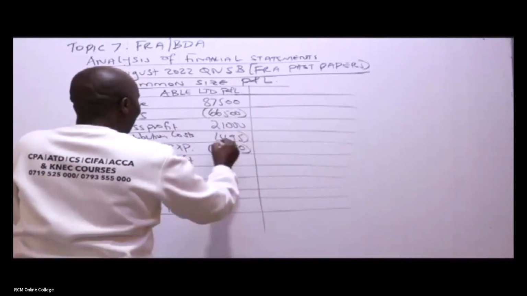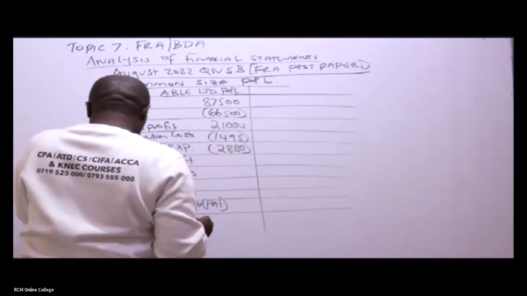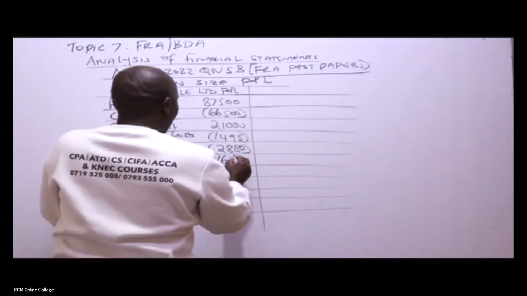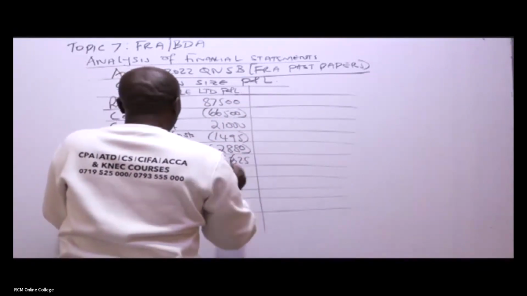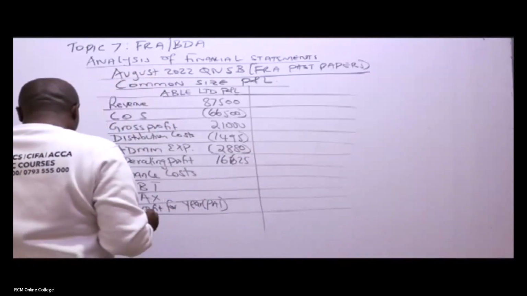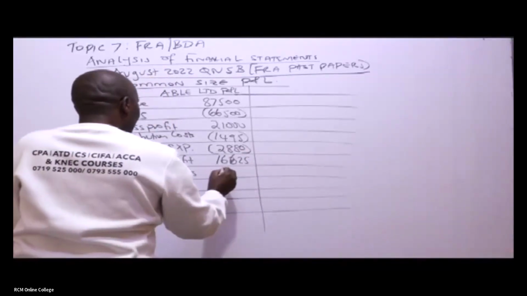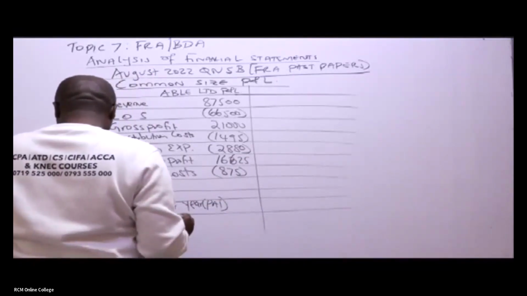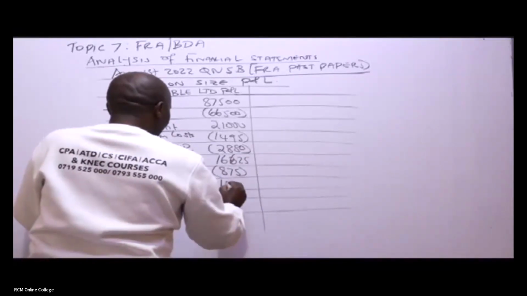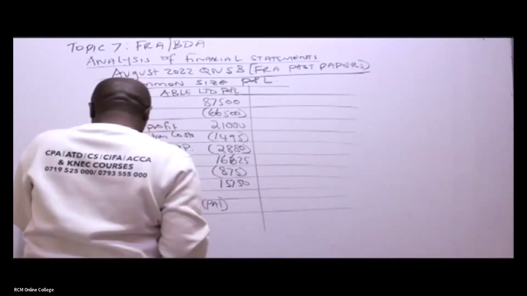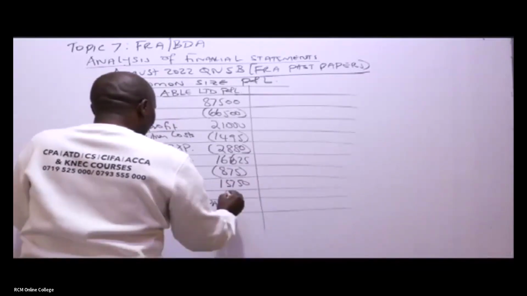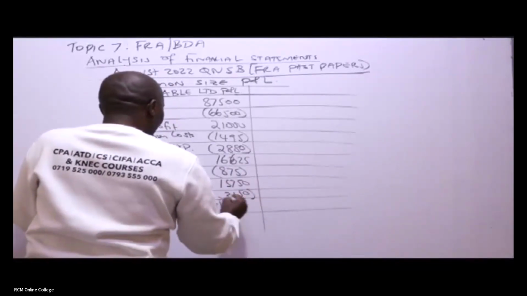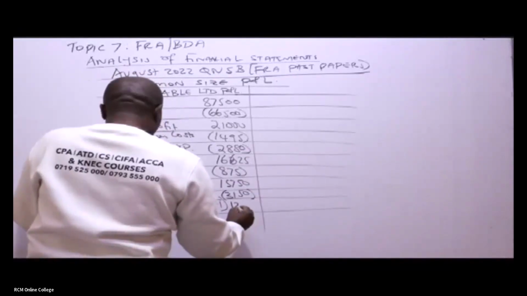The two are being deducted to give us an operating profit of 16,625. Of which I can see the finance cost is 875, giving me a profit before tax of 15,750. And then we have here 3,150, the tax, giving us 12,600.